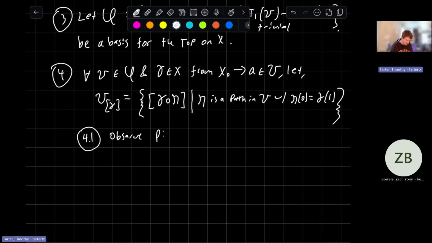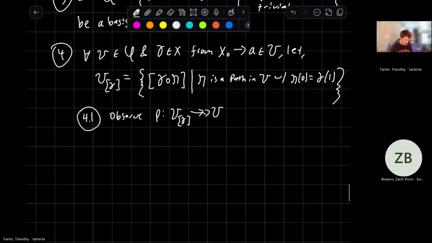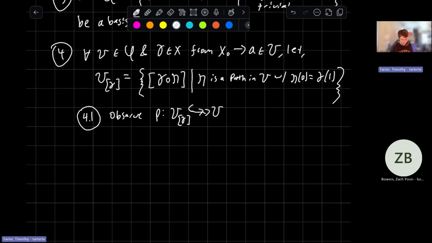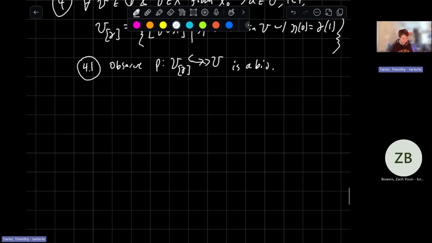Observe that this is a surjection. And it's also injective. So this is a bijection.